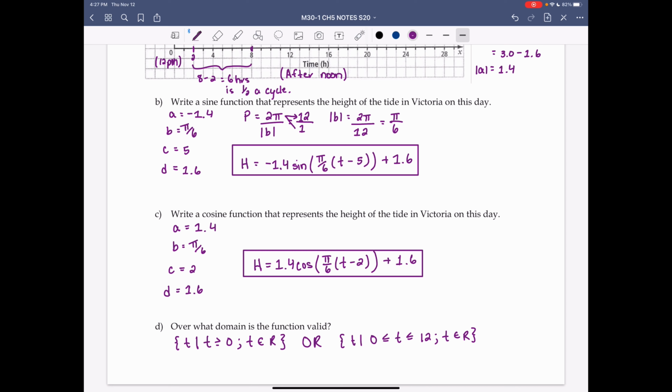This would take us from noon to midnight on this particular day.